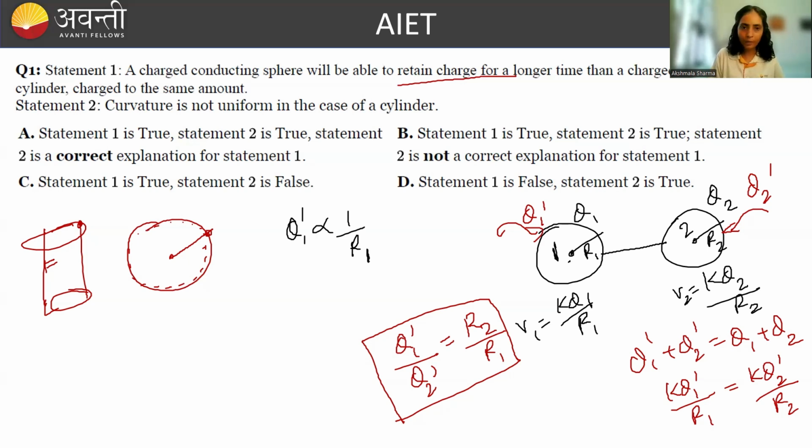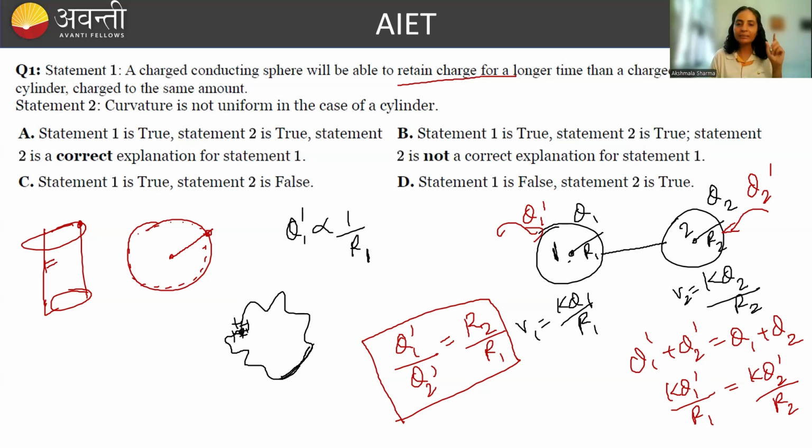Suppose the curvature of this conducting surface is like this: this portion has a larger radius, and this pointed end has radius equal to 0. In that case, q1 dash will tend to infinity. It means the maximum charge will accumulate here.